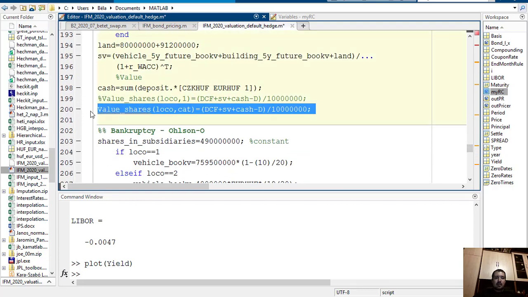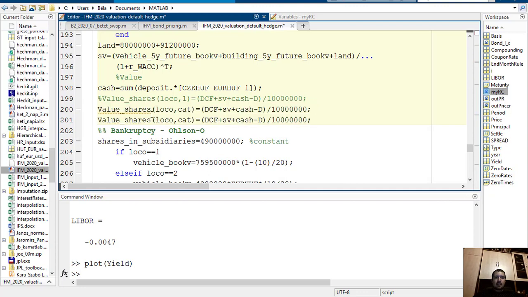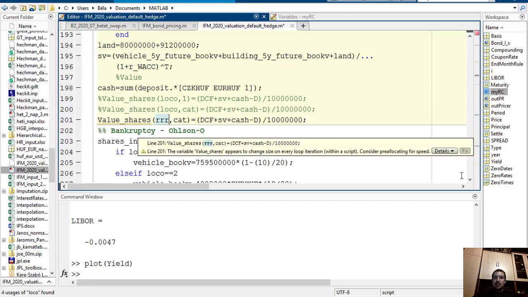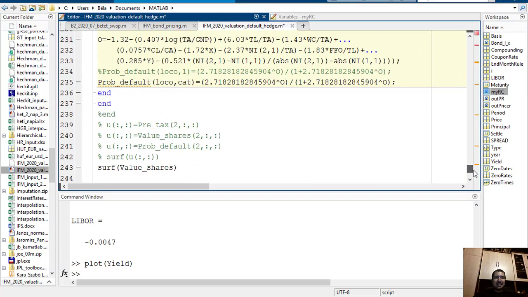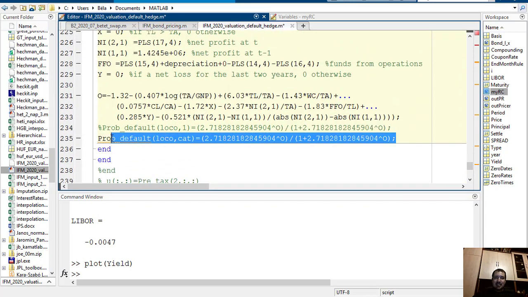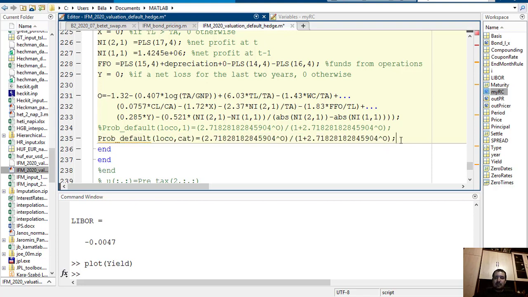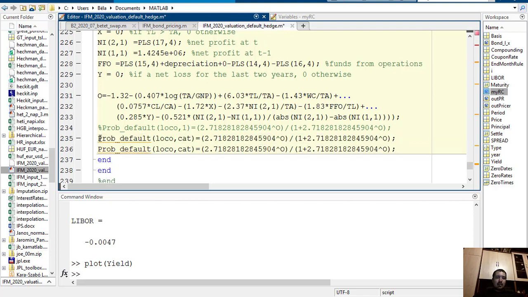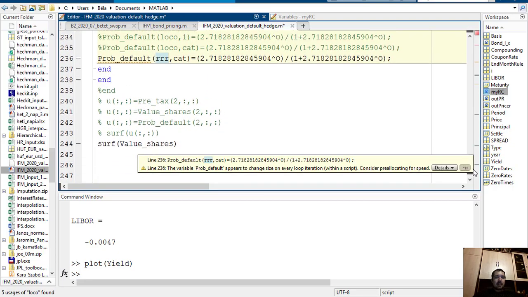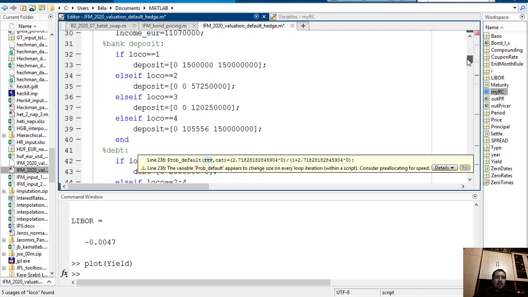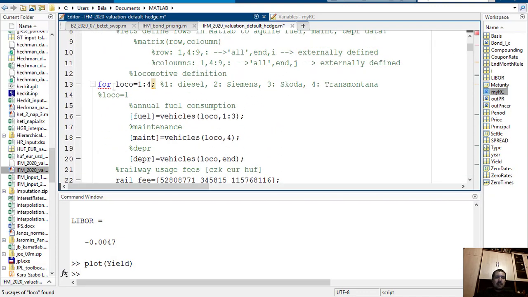Yep. Our variable names are becoming stranger and stranger. Okay, and let's stick loco in one state.